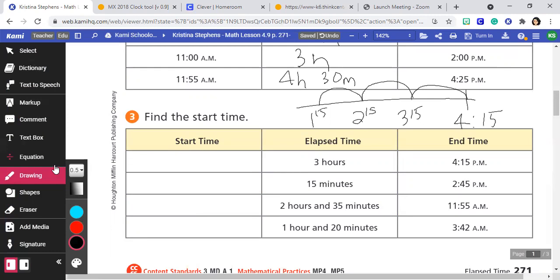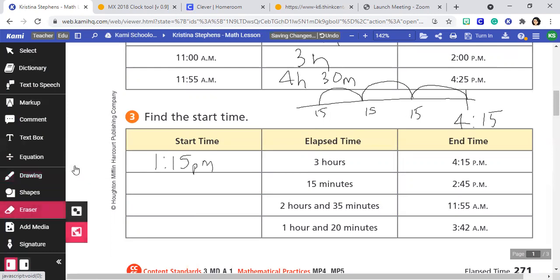So our start time would be 1:15 p.m. There are a lot of tools that you can use to figure out elapsed time. You've got to find the one that best fits the way that you think.